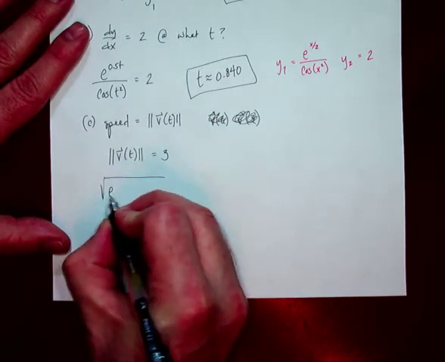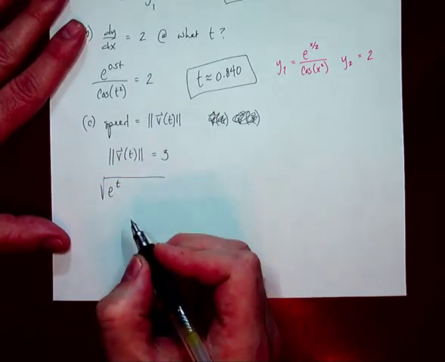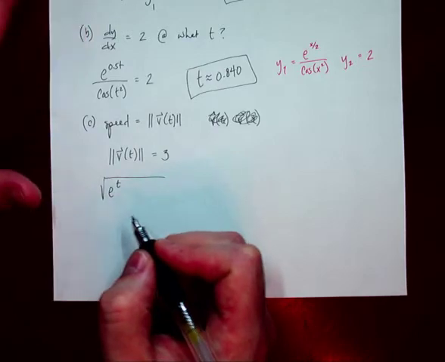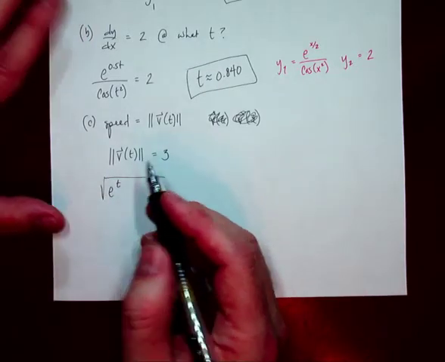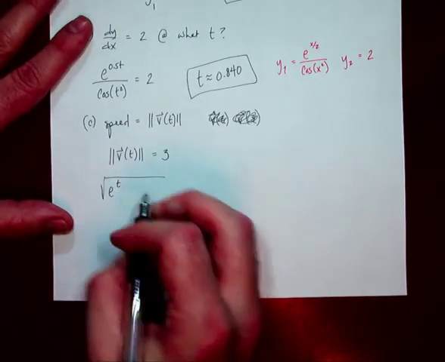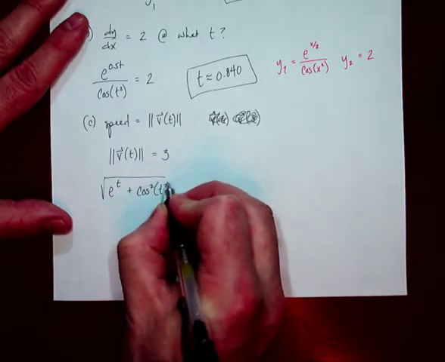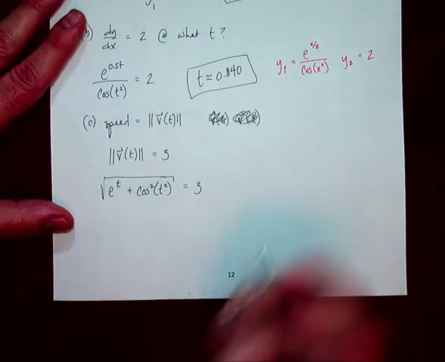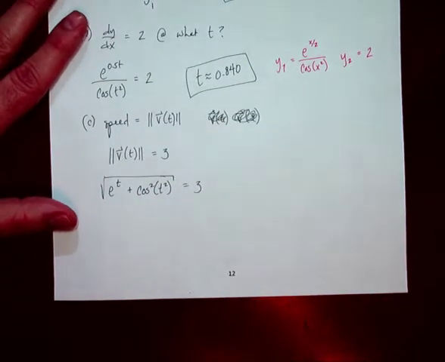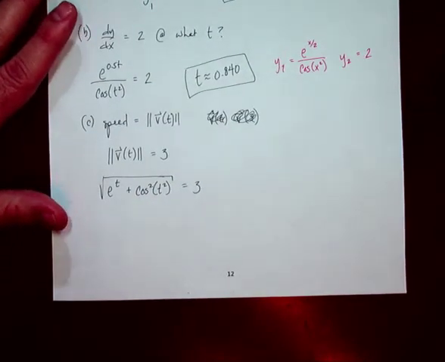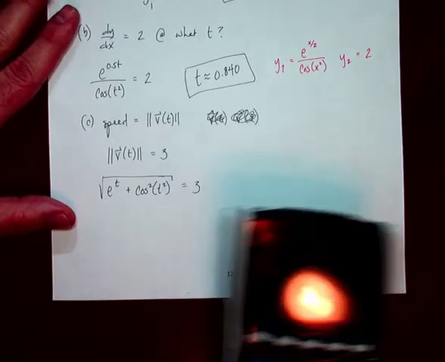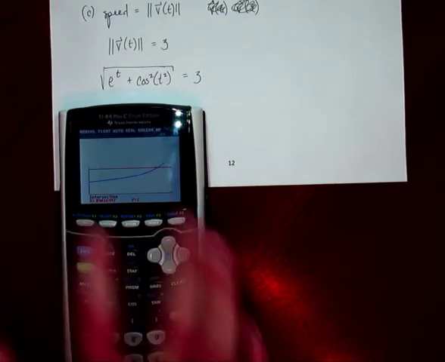which is of course e to the t, because when you square e to the 1/2 t, you basically multiply the exponent by 2 and it becomes e to the t. And then of course you're going to square the cosine as well. Well, that again is going to be problematic in terms of determining a value. So we're again going to use our calculator.